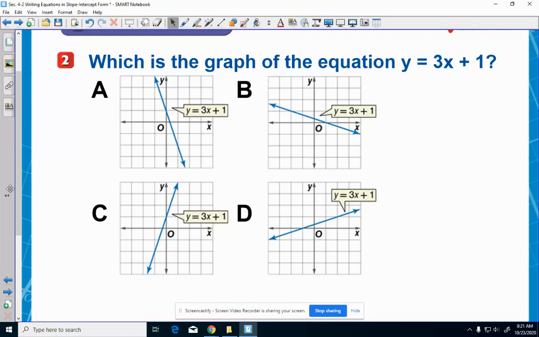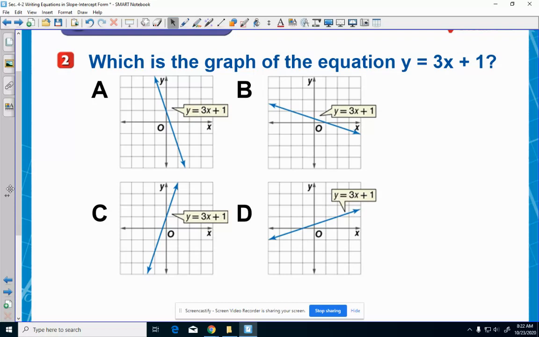Okay. So as you look at those 4 choices right now, and you look at that equation, y equals 3x plus 1, what's the first thought you have when you're trying to match it to a picture? What are you looking to check first?